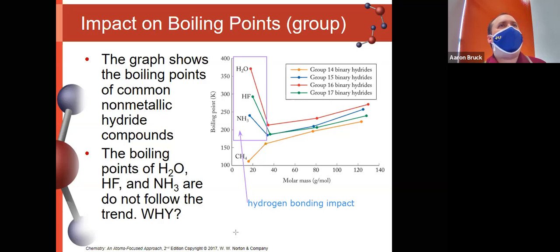Remember, hydrogen bonding exists in polar molecules that contain either NH, OH, or FH bonds.